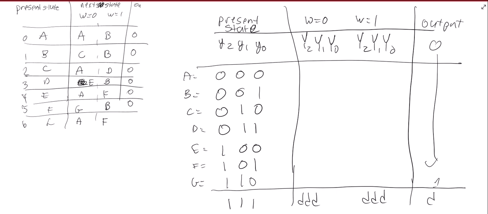And so I will use those same state assignments to fill in my next state. So everywhere I have an A, I'll put a 0, 0, 0. And wherever I have a B, I'll have a 0, 0, 1. And a C will be 0, 1, 0. And D is 0, 1, 1.